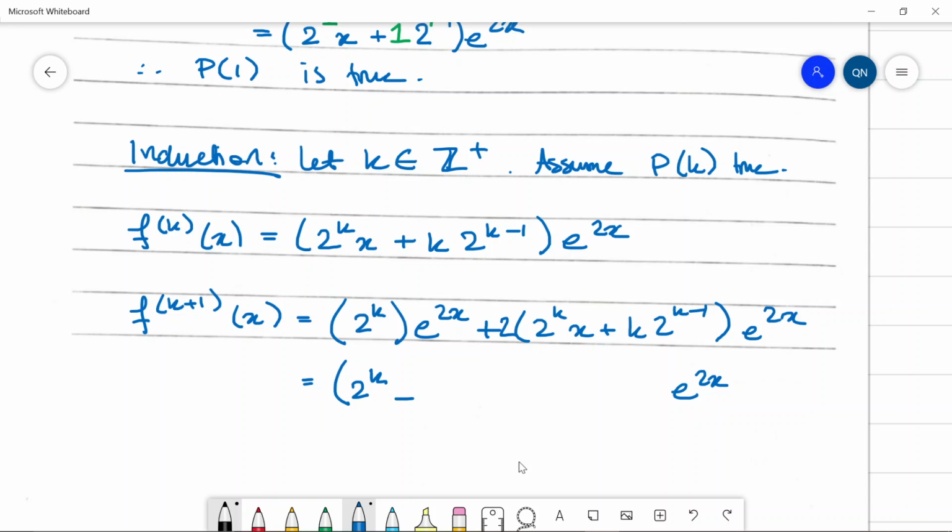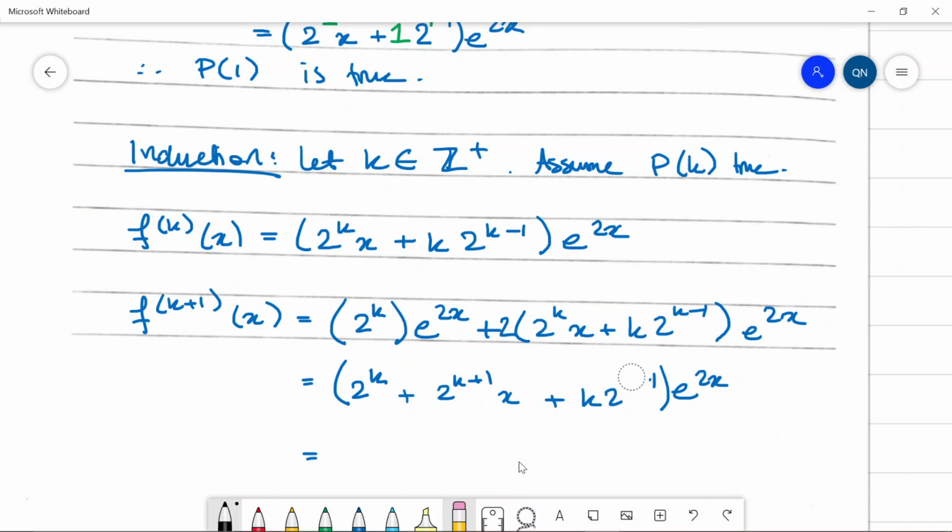And then we have a plus. I'm going to distribute the 2 in over here. So this is going to be 2 to the k plus 1 times x, and then plus k times 2 to the k minus 1. Right? So let's see if we can simplify this. We have 2 to the k, we have k 2 to the k.